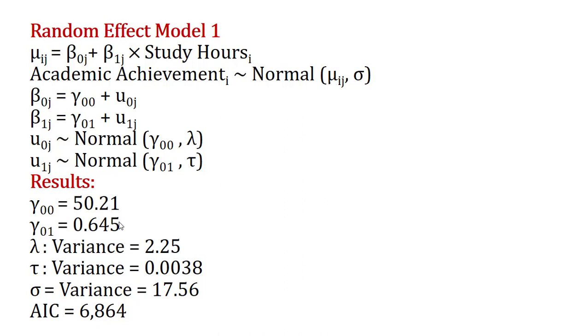The effect of study hours on academic achievement is 0.645, and we've got the variances for the intercept and for the slope of study hours, and the total variance and the AIC. So now we are going to add 2 more predictor variables. The next model adds 2 predictor variables.